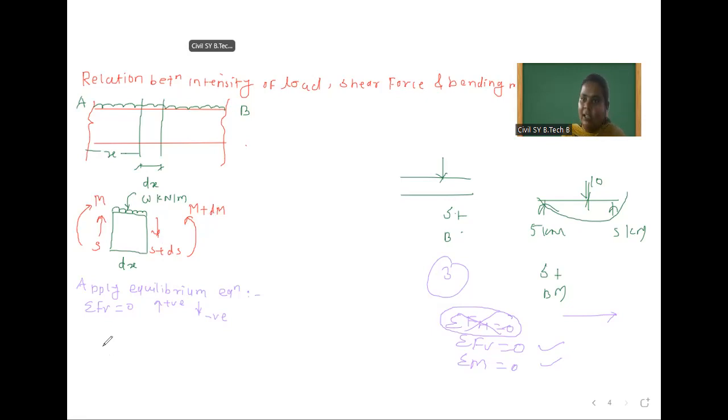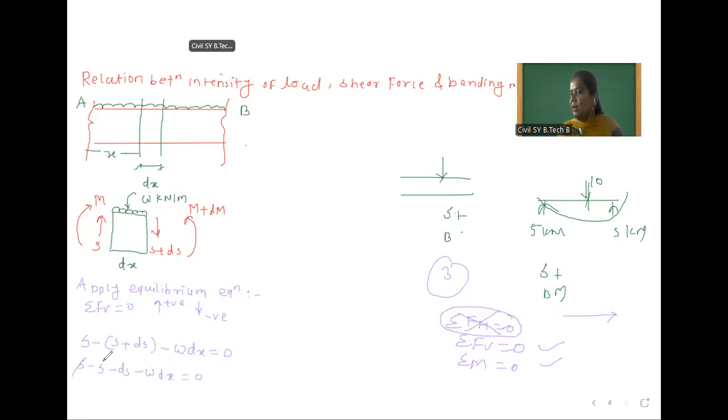So we write: this S going upward, so plus S; S plus dS going downward, so minus (S plus dS); after that w going downward, so minus w into dx, which is equal to 0. Now we open the bracket: minus S minus dS, because minus times plus is minus. Then we shift the w into dx to the right side, or we write as it is: minus w into dx equal to 0.